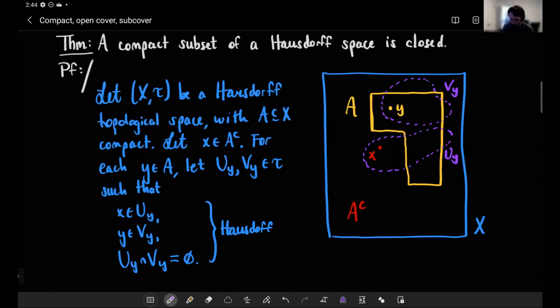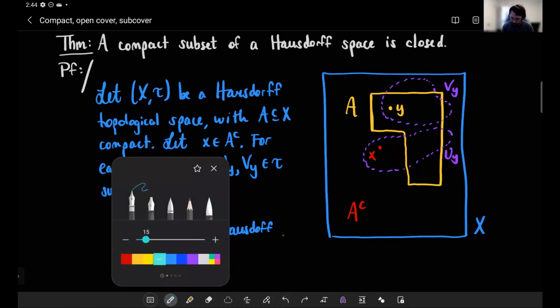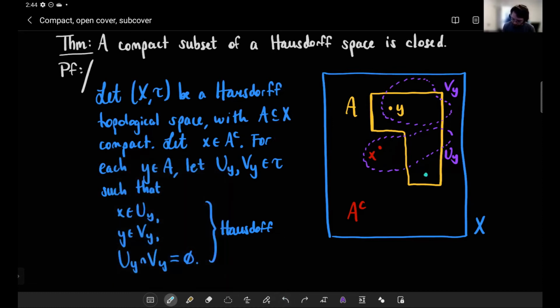So in that worst case scenario, I need to do more work, right? My goal was to find an open set fully contained outside of the yellow Tetris block, but I haven't done that yet. So how could I do it? Well, I said we were going to do this for each y. So next, maybe now this is my y, and maybe I pick this open set.